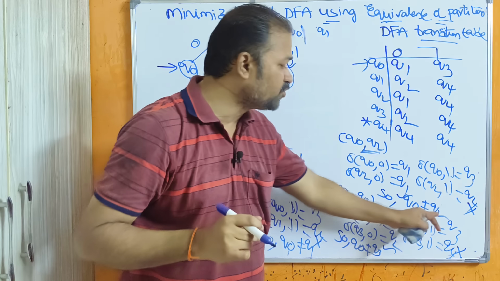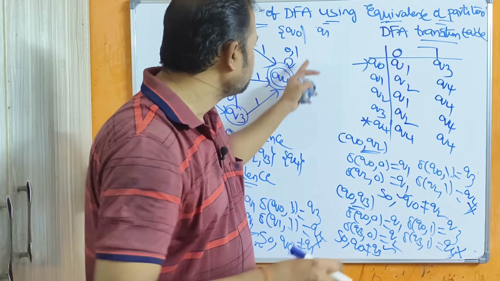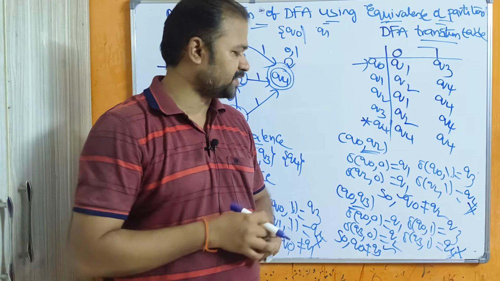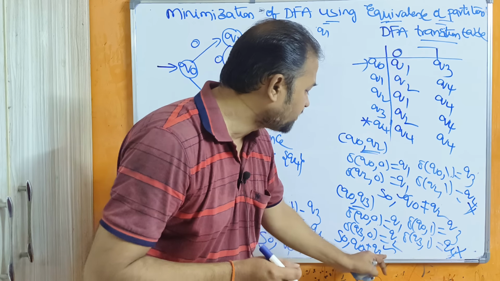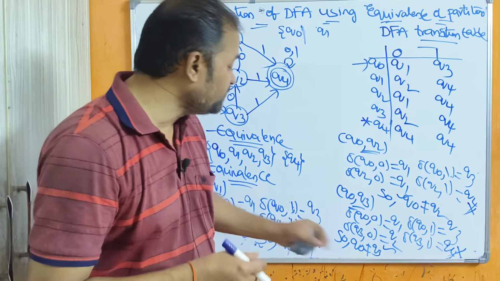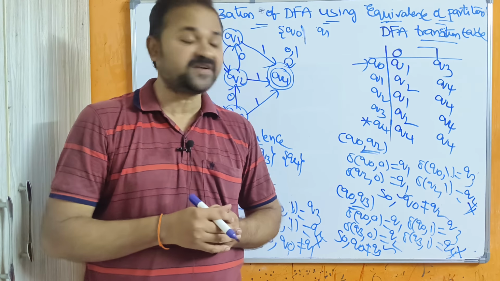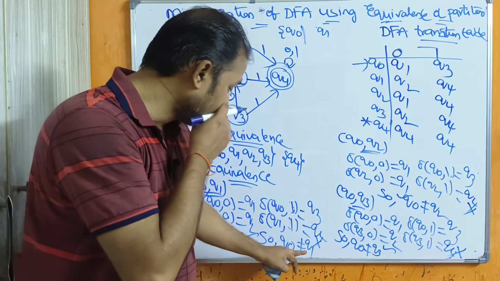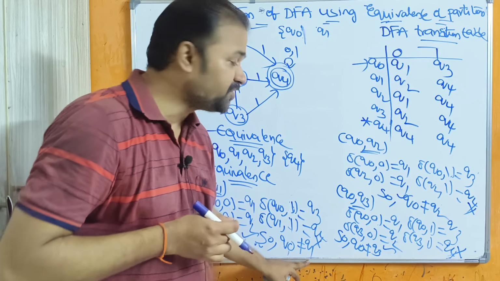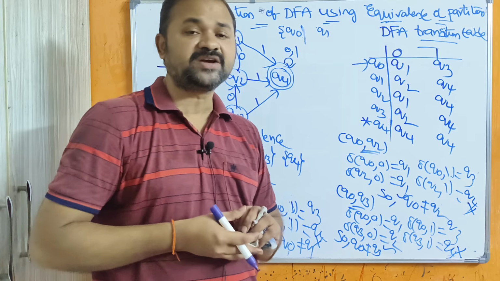Next we got Q0 is not equal to Q2, so we need to place Q2 in Q1 or not. So likewise we got Q0 is not equal to Q3. So now can we merge Q2, Q3, Q1? For that purpose what we have to do? Here we got Q0 is not equal to Q1, Q0 is not equal to Q2, Q0 is not equal to Q3.